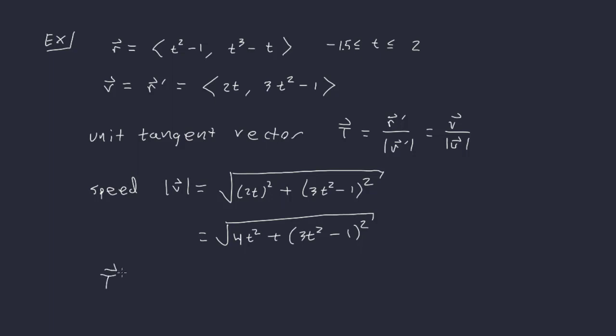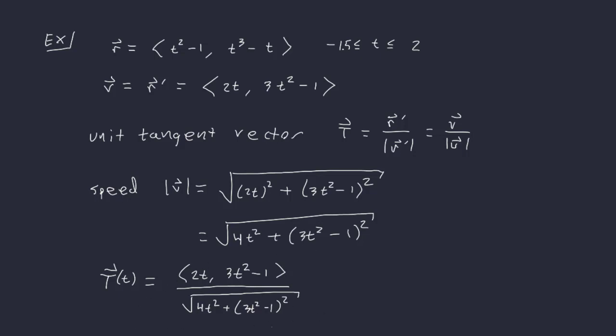And that means that the unit tangent vector at t is going to be our vector v, which is the vector 2t, 3t squared minus 1, all over the square root of 4t squared plus 3t squared minus 1 all squared. So let's take a look at what capital T looks like, and you'll see what I mean by saying that all it does is give us the direction at each time.